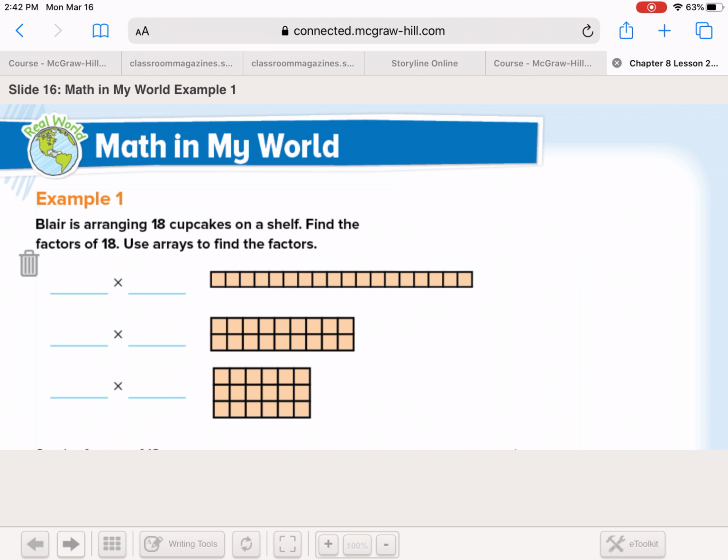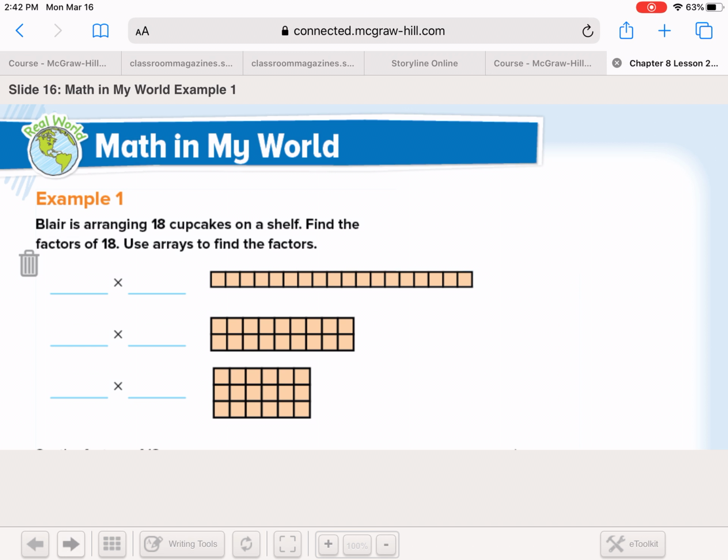All right, this is Math in My World, and now we are in your book. This is page 491, and we'll be working 491 and 492. So let's look at the example. It says, Blair is arranging 18 cupcakes on a shelf.